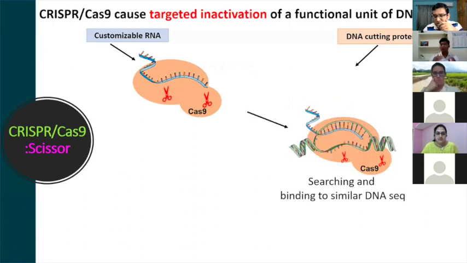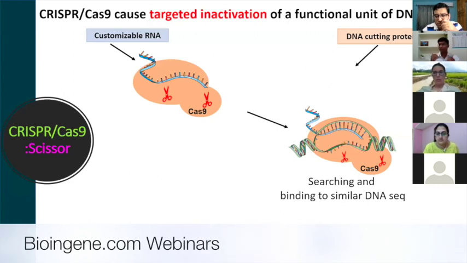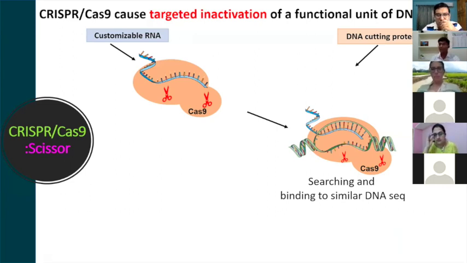Then it searches for homology between the RNA sequence and the genome sequence. When a 20 base pair RNA sequence exactly matches the genome sequence, Cas9, the postman, gets a signal that this is the address where it needs to make a cut, because it has two scissors, as I told you.